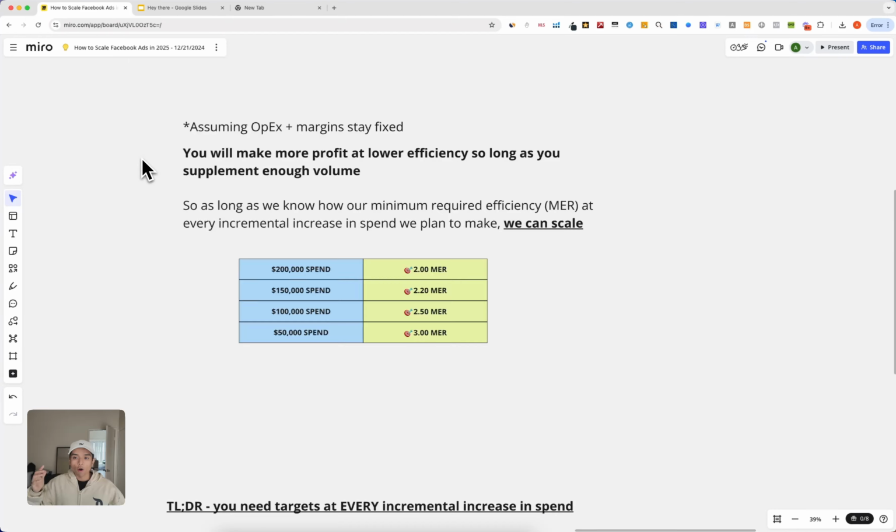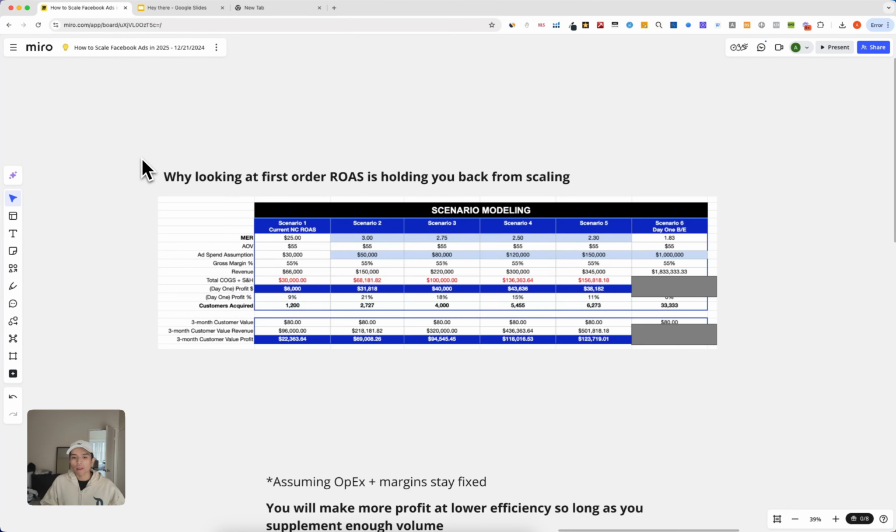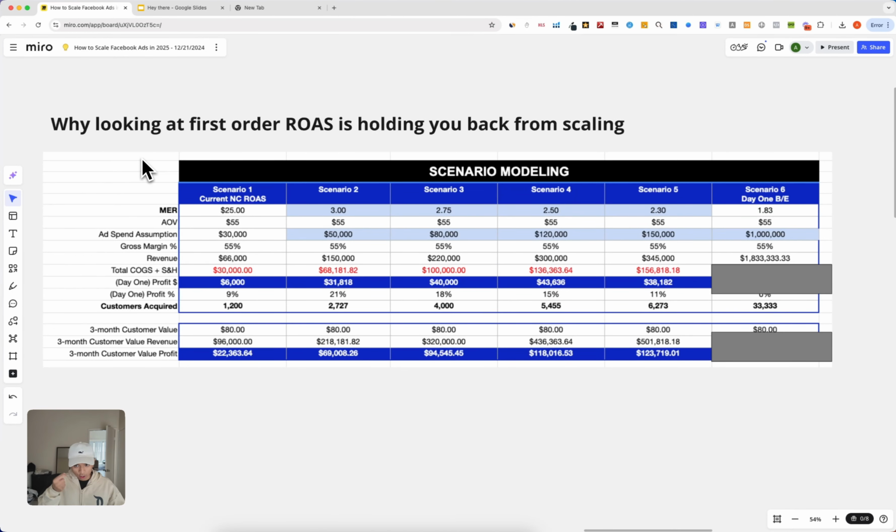Okay? So in this scenario, and this is why first order ROAS could potentially be holding you back, I want you to pay attention to the progression from scenario 2 to scenario 5. Scenario 2, we have a 3x MER or blended ROAS at an ad spend of $50,000, assuming 55% gross profit margin. We're going to be left with $31,000 in day one profit.